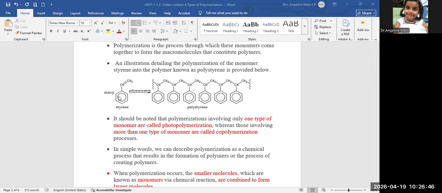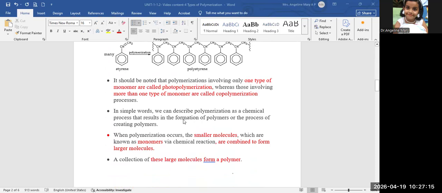Instead of only one type of monomer like the styrene molecule, if you take many monomers, it is called a copolymerization process. In the last video we saw that copolymers mean combining many molecules. That is called copolymerization. If you are taking only one monomer, it is called homopolymerization.